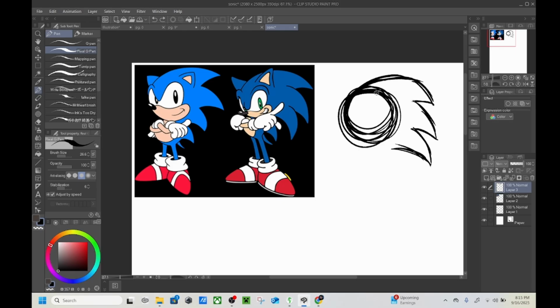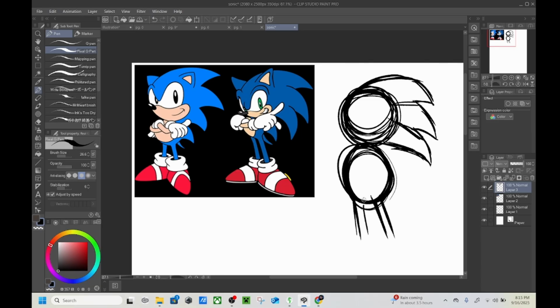Okay, so circular head shape with the 3 triangles, right? That's the basic shape. Now the other basic shape for the torso is more of an oval. See? And then the legs here are sort of these extensions from said torso.